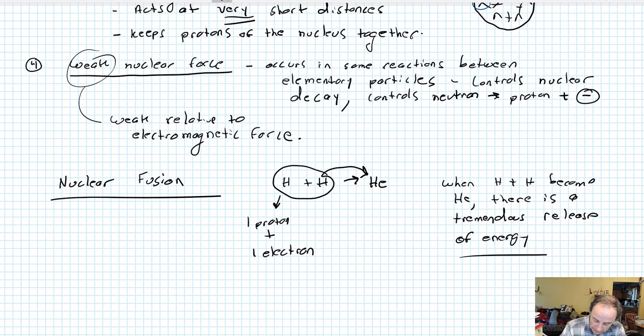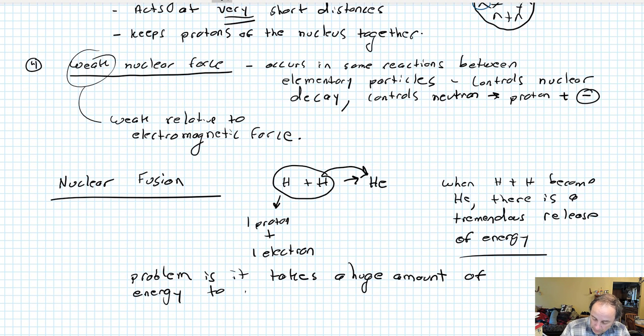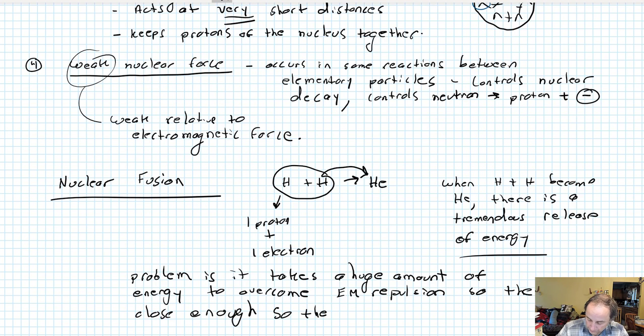The problem with nuclear fusion is it takes a huge amount of energy to overcome that electromagnetic repulsion, so the H's get close enough so the strong nuclear force can take over, can dominate.